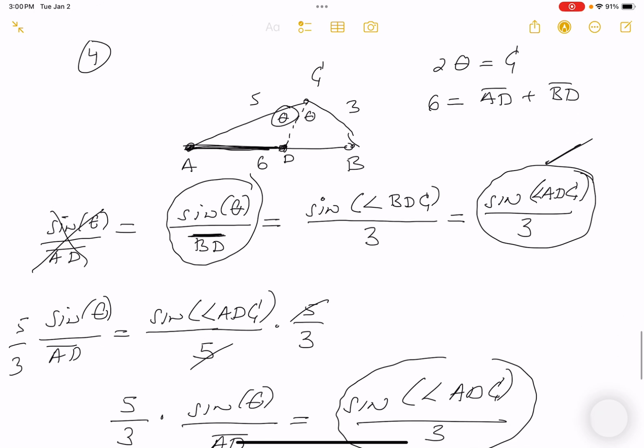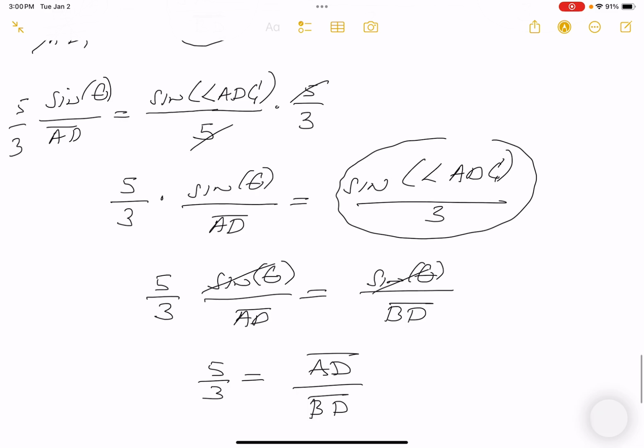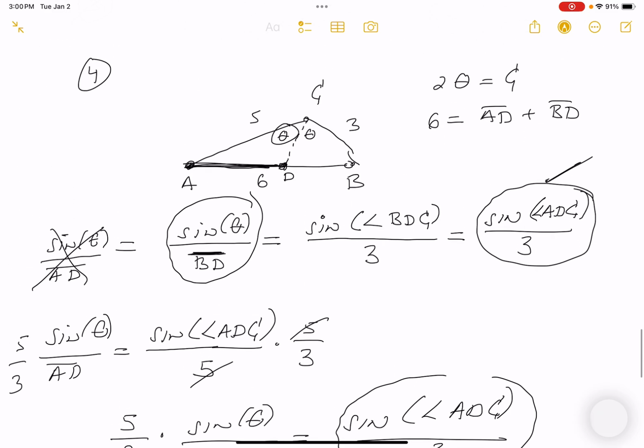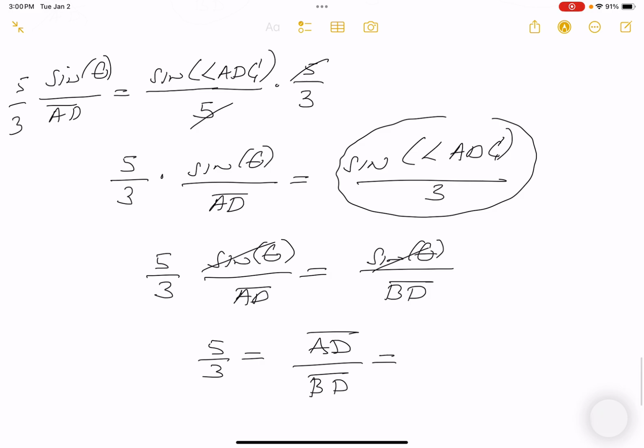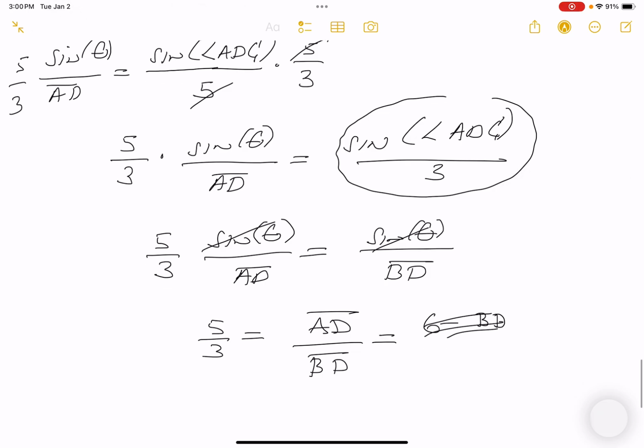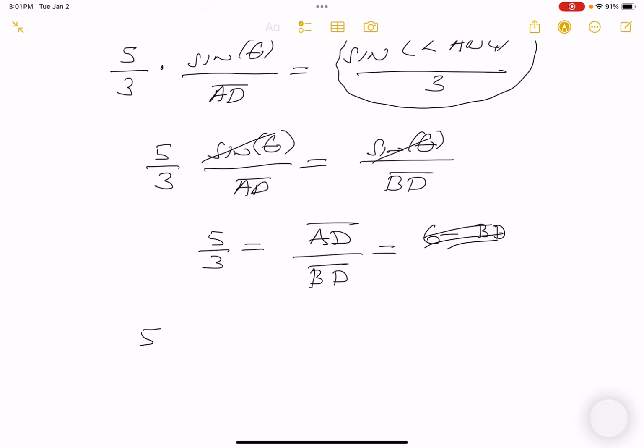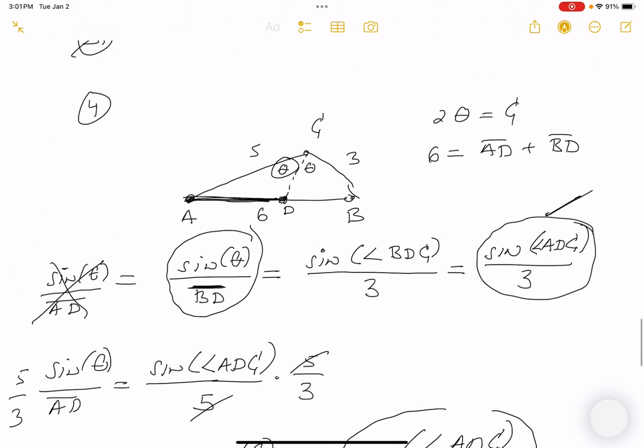I'm glad I had the picture. So let's see if we can put that down. So AD would be 6 minus BD. You know what? I don't want that. Let me get my eraser out. And I'm going to put this down. 5/3. What do I want? I want AD actually. So what's BD equal to?